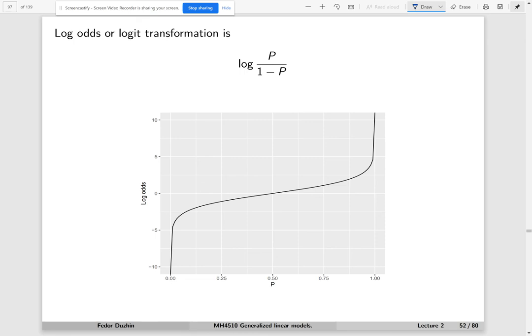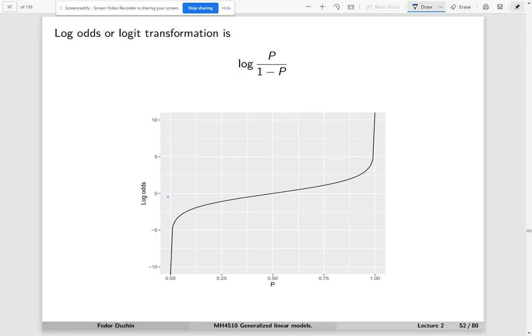So here is our log odds, and the inverse function to log odds, right? The function that we're going to get if we flip this about the line y equals x. So where is the line? I guess the line y equals x is a bit tricky to see here because the scale is different.